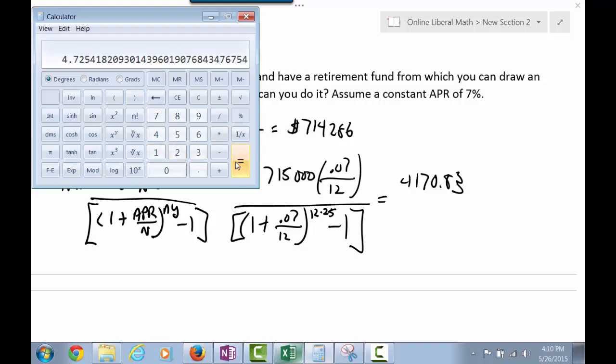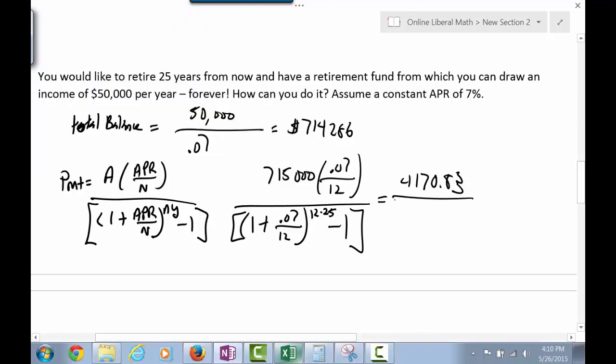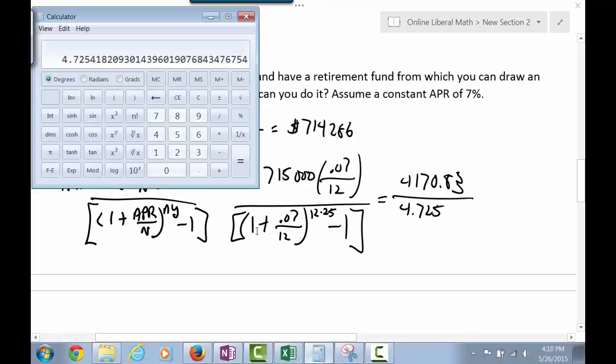That gives 4.725. Then when I divide 4170.83 by the 4.725, I get about 882.72.